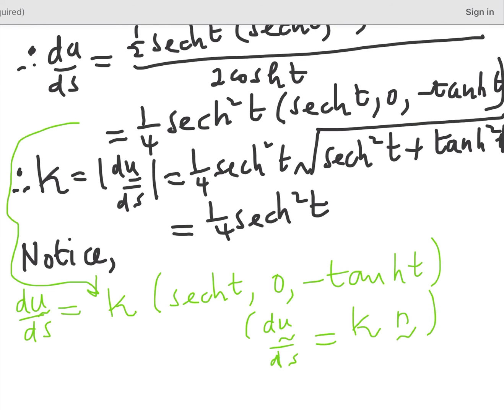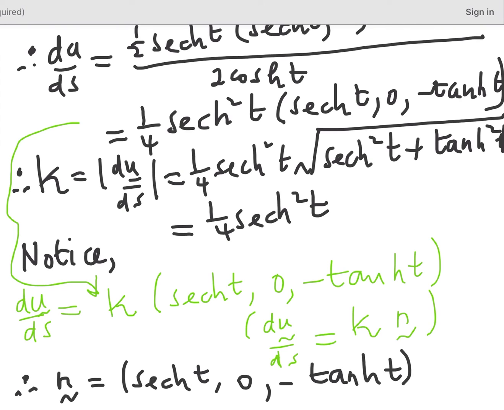If you look at the definition of the unit normal, this is exactly what we have. So we conclude that the unit normal will be equal to the vector hyperbolic secant t, 0, minus hyperbolic tan t. Voila.